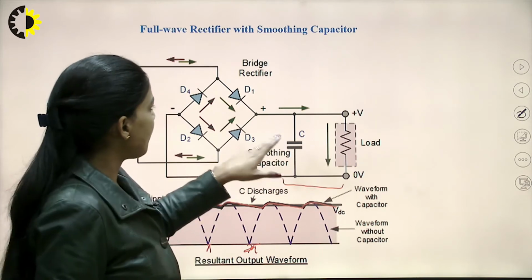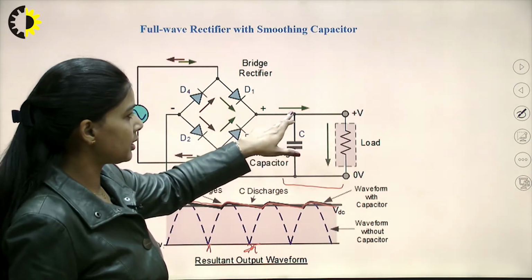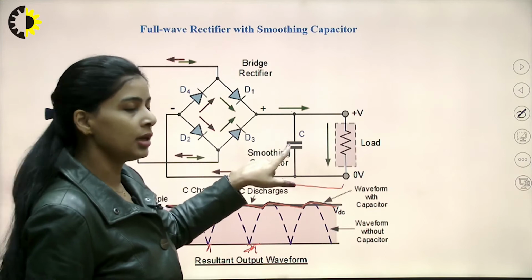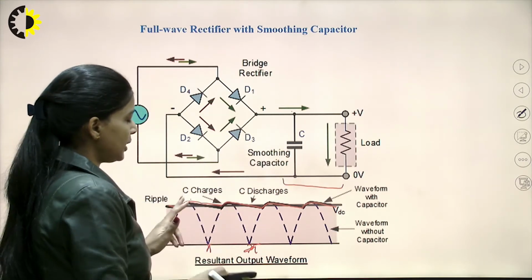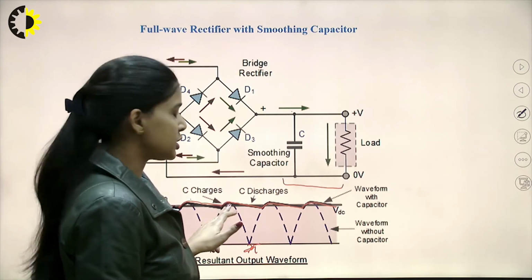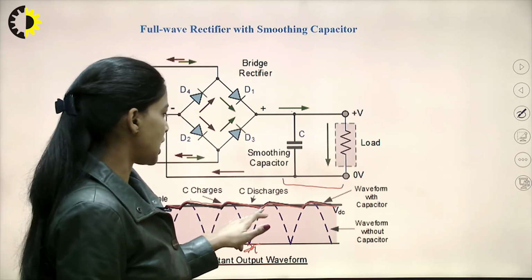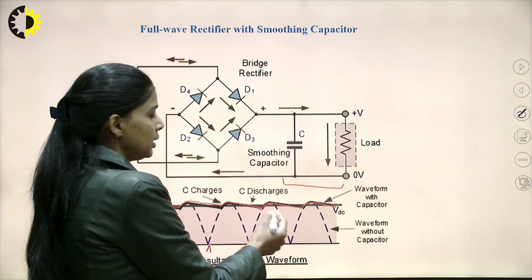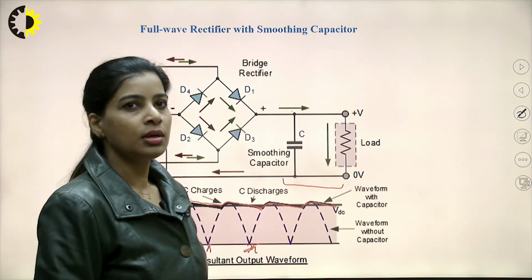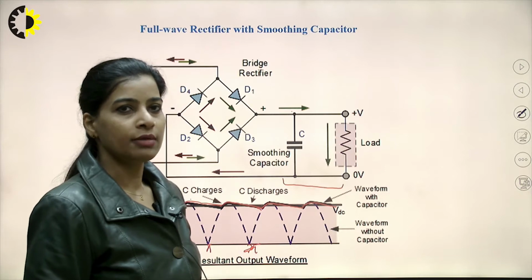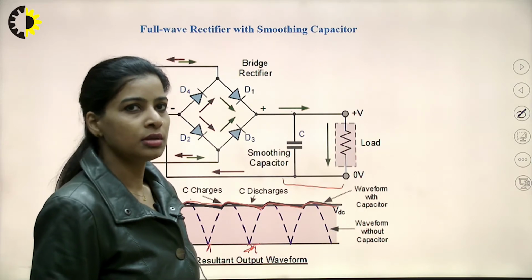So how is it happening? When the current is flowing, this capacitor starts charging, then it discharges for some duration, then again it starts charging, and we get a smoothened output as compared to the output of the bridge rectifier without this capacitor filter.